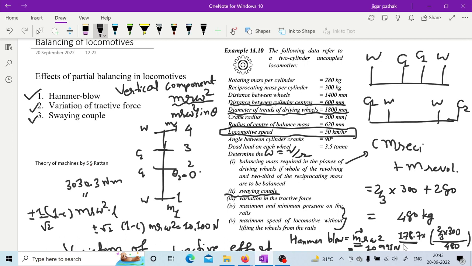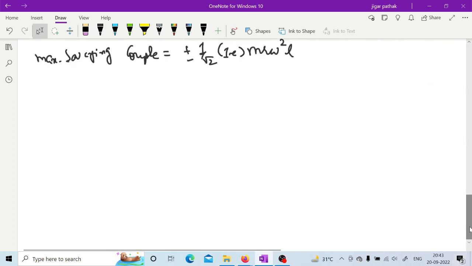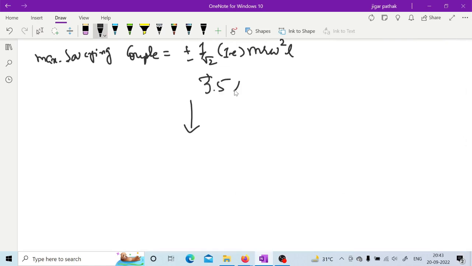Then you simply add the dead load, which is given here, this 3.5 ton. That is 3.5 into 1000 into 9.81, which is almost 34,335 Newton. It is acting downward because it is the dead load.